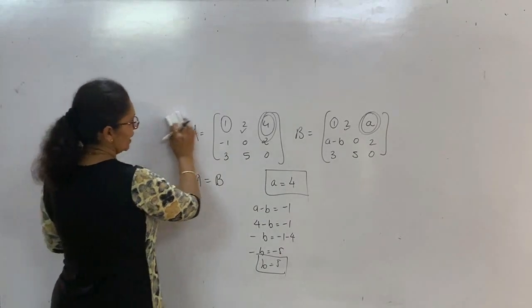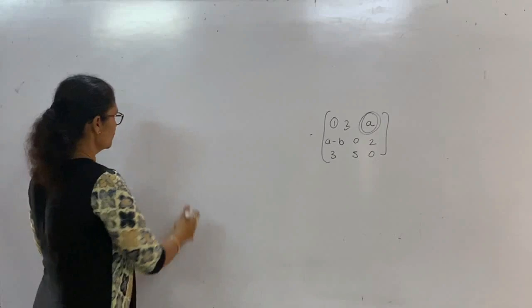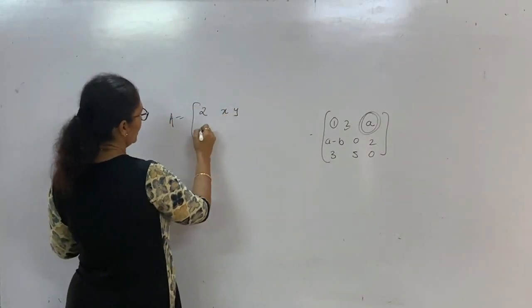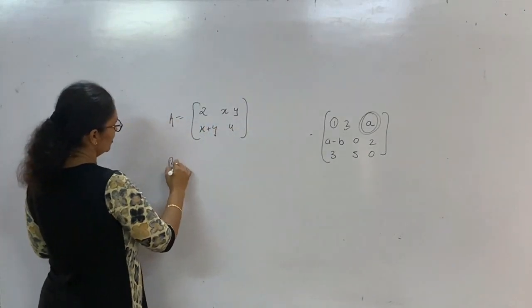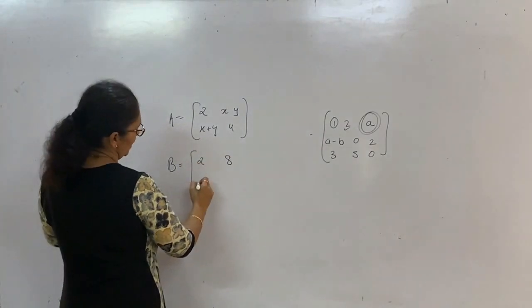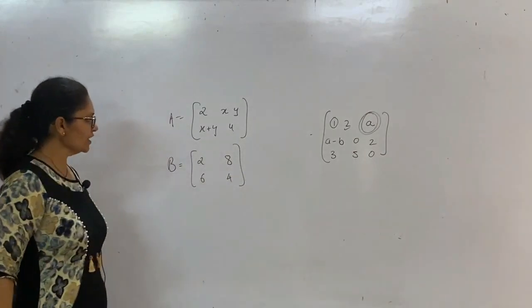In a similar way, I give you one more example. Suppose matrix A is given as 2, xy, x plus y and 4, and another matrix B is 2, 8 and 6 and 4. Then what is the meaning of it?